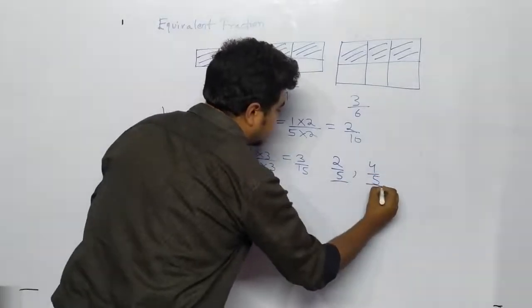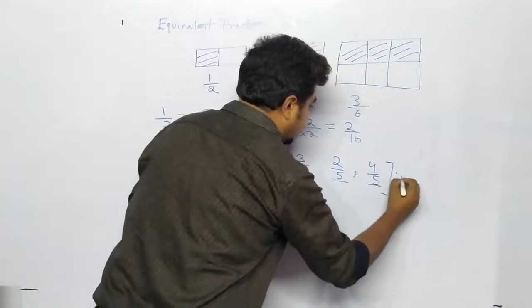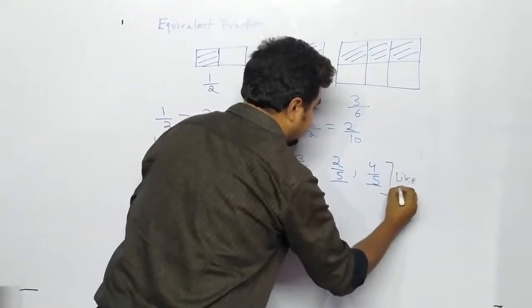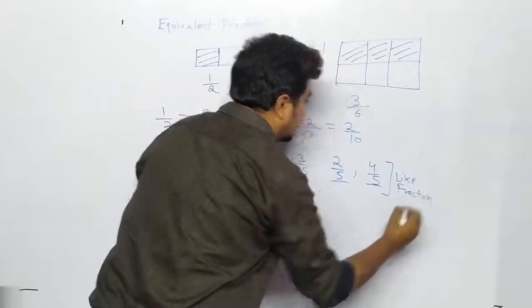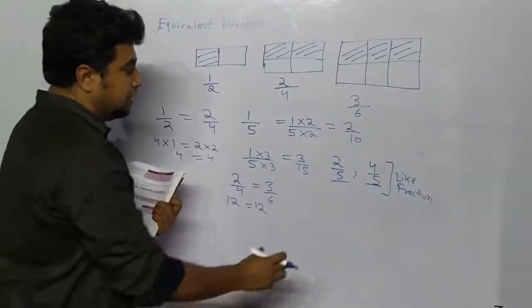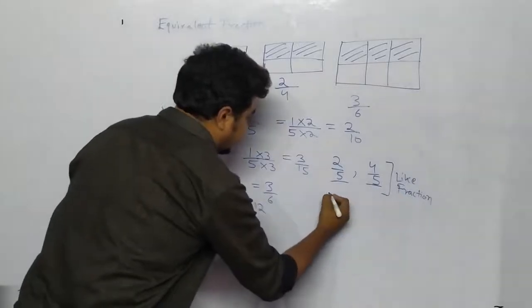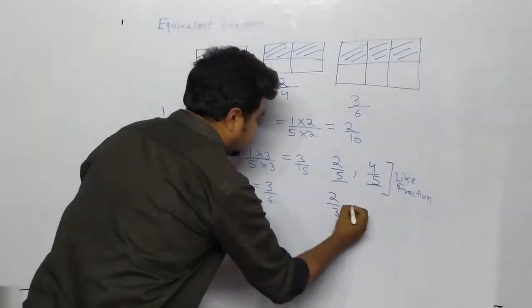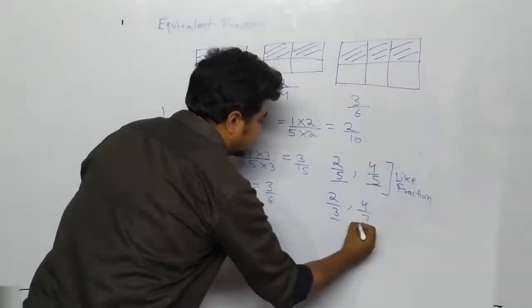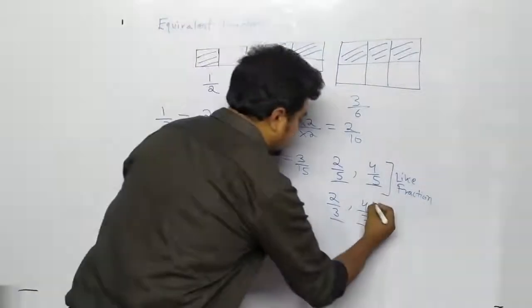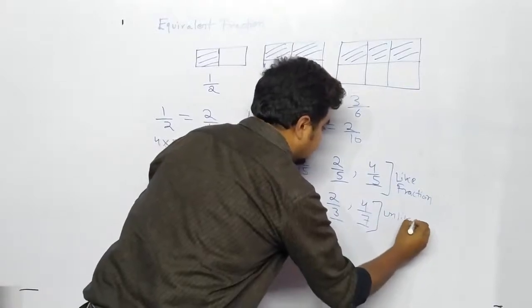Here you can see the denominator is the same, which is why these are like fractions. Unlike fractions means the denominators are not the same, such as 2 by 3 and 4 by 7. The denominators are different, so these are unlike fractions.